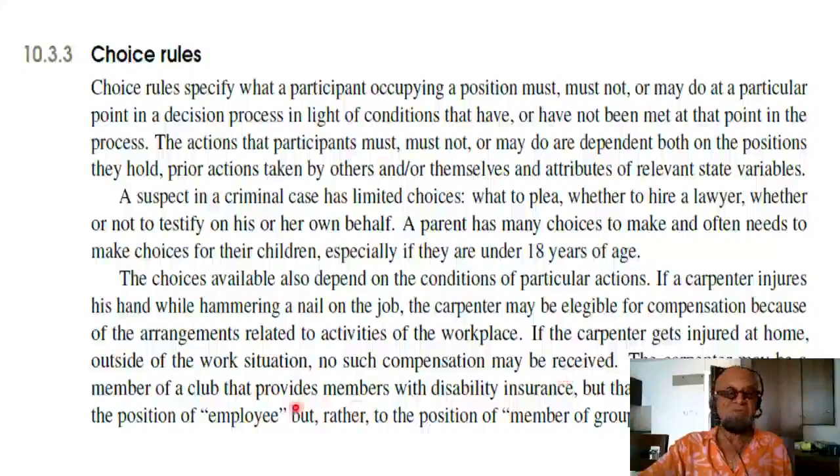The carpenter may be a member of a club that provides members with disability insurance, but that choice is related not to the position of the employee, but rather to the position of the member of the group insurance plan. So you are an employee, but then you have an additional position you can take as a member of the group insurance plan to qualify for disability insurance, unemployment insurance, and so on.